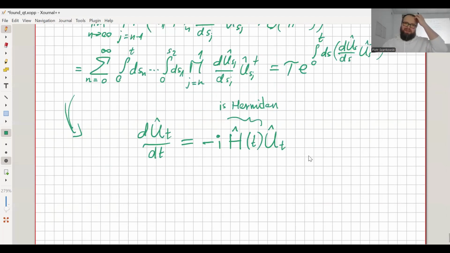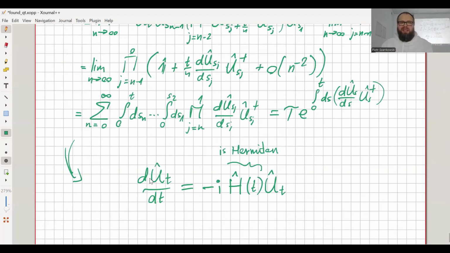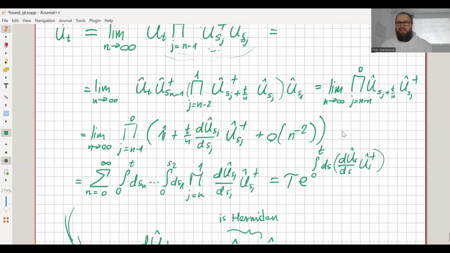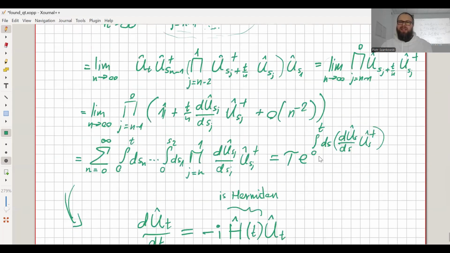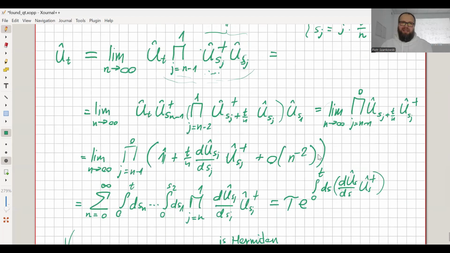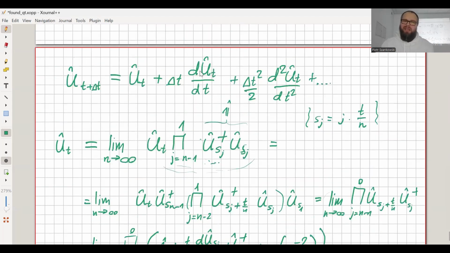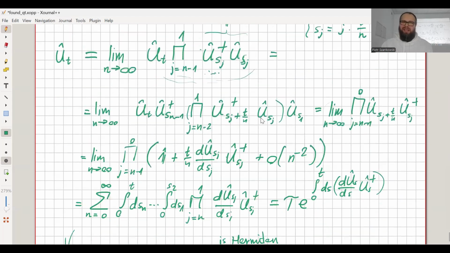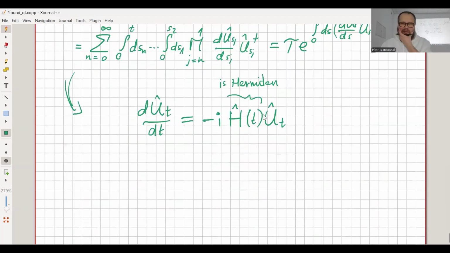If the derivative is like this, then U cancels and you are left with a Hermitian generator times i, which guarantees that the whole exponent is a unitary operator that's also differentiable and has a Taylor expansion, and so on.